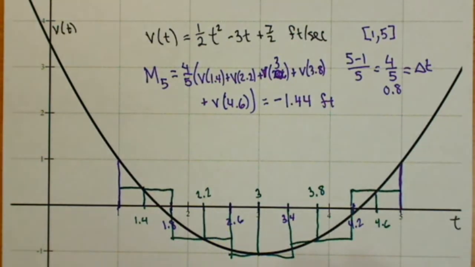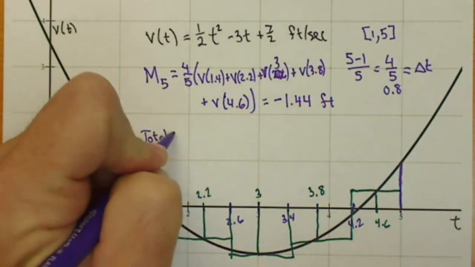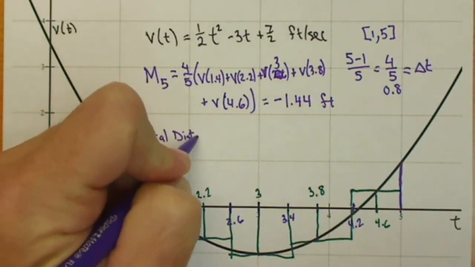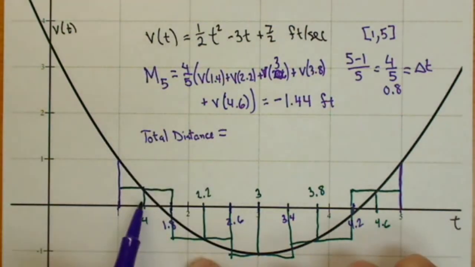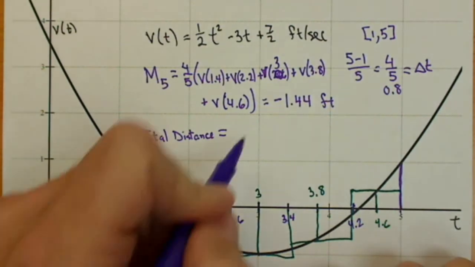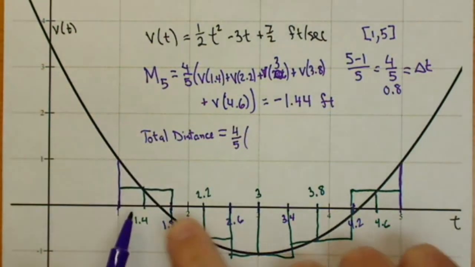Now, we're going to use our work to get the total distance traveled. So for total distance, we're going to do something similar, but all those negative areas we need to make positive. So we actually are going to get the values of each of these. Now the width is still 4/5.